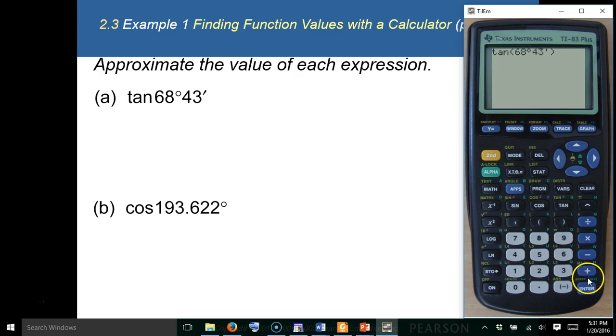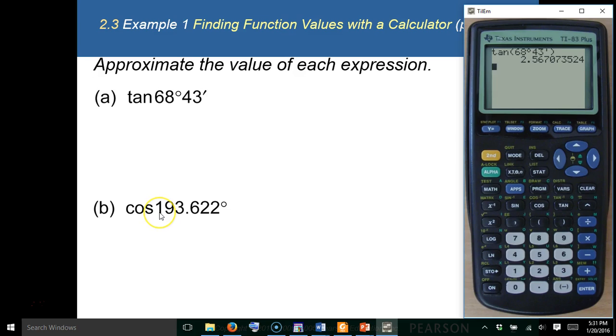That is plugged in now. We just hit enter. And ta-da, there is the solution to the first one. So go ahead, write that down. I can't write it down for you because I will lose my emulator here, and I'll have to open it back up for you. So the next one, let's do that.